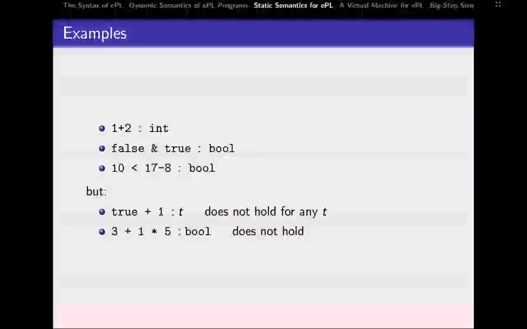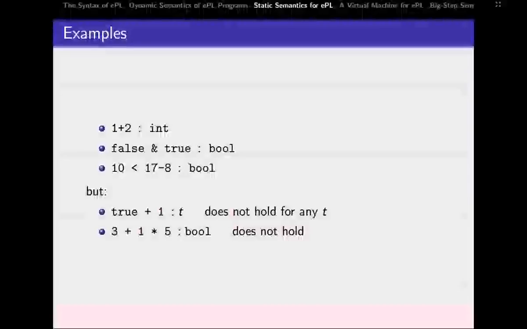Okay, types. So we're going to build a very simple theory of types, and that's going to get more complicated as we introduce new elements and make the language more complex. You know what it is, right? I don't have to explain the examples here.